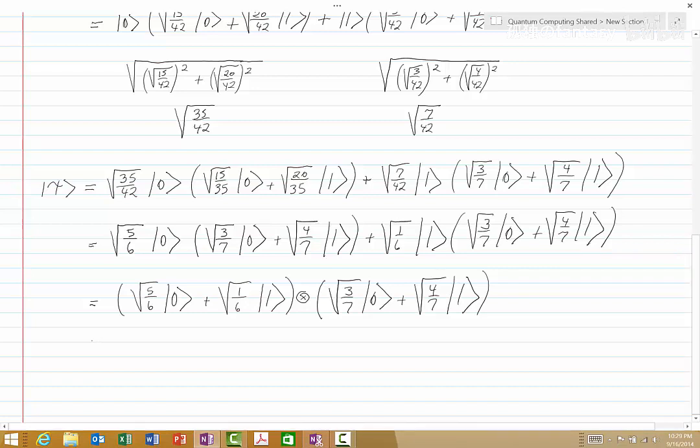Well, the fact that psi can be written in this way shows that psi is unentangled.